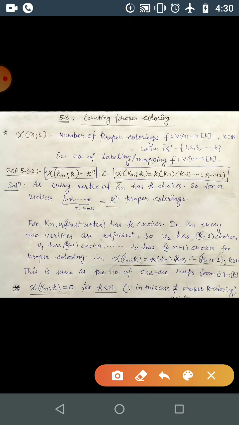Likewise you can discuss Kn when k colors are given. As I have discussed, the first vertex has k choices and every two vertices are adjacent, this we already know.